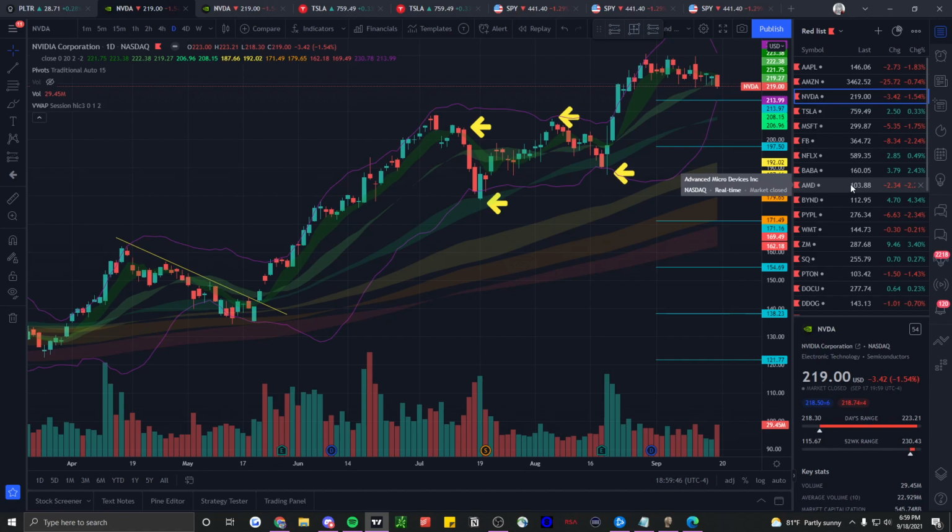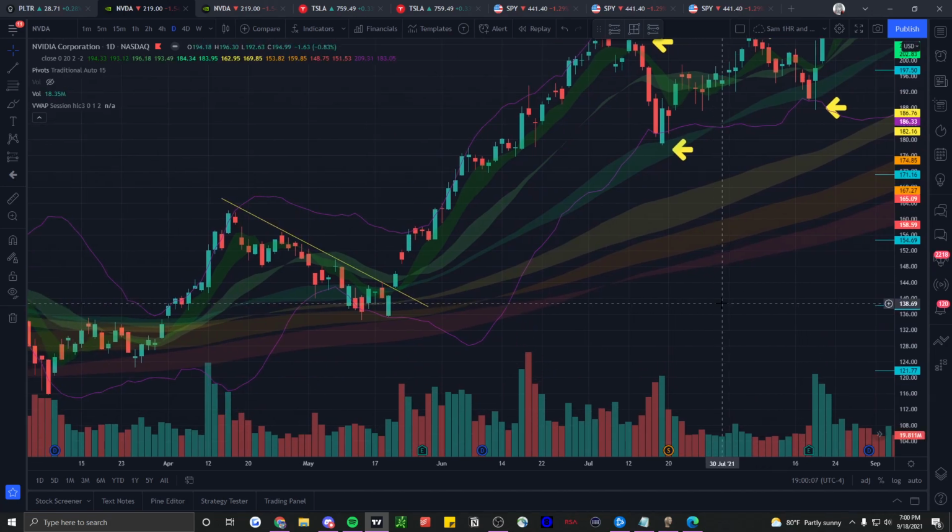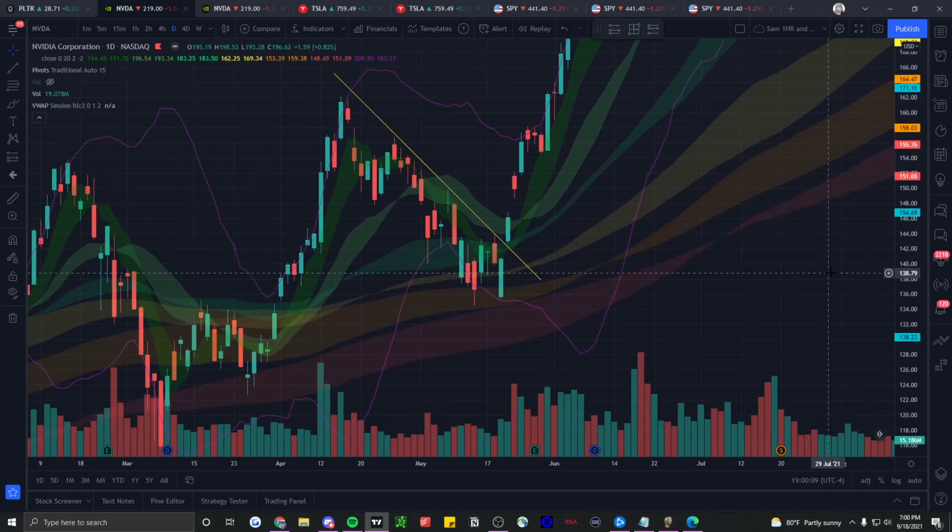Those types of names with elevated average true range, typically this system works the best. But whatever stock is really in play, meaning has news, has good chart pattern, and elevated volume, this would be used for. So let's get into this example with NVIDIA, right?